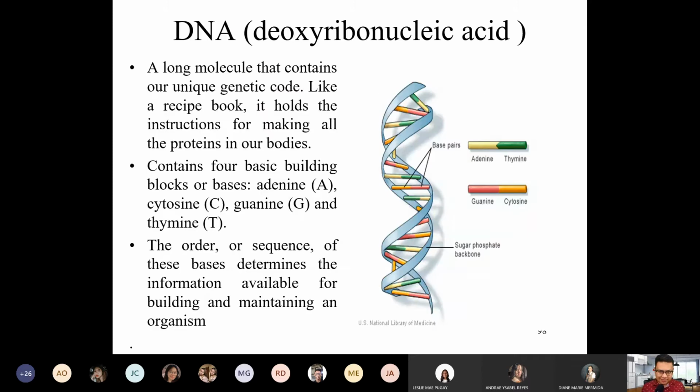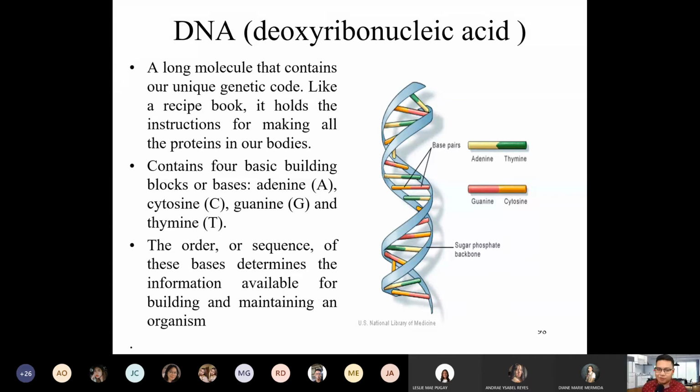Next, so katulad na sabi natin kanina, the main role of the cell is to produce proteins related to its function. So how does it produce proteins? Okay, so first we have our DNA or our deoxyribonucleic acid. It is a very long molecule that contains our unique genetic code.